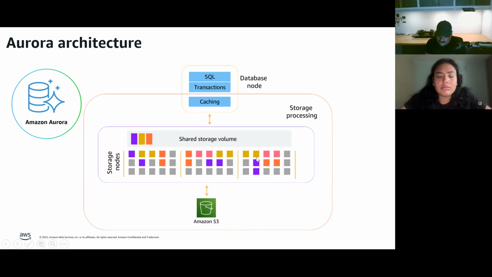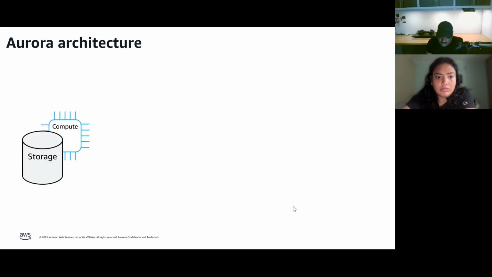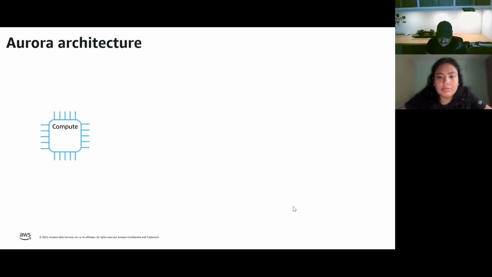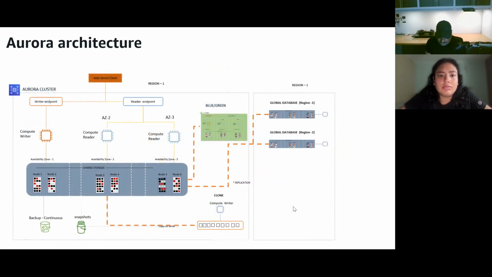So the storage architecture in Aurora makes it highly fault tolerant, durable, and resilient. This architecture supports all the features I covered in the previous slide. That is the underlying Aurora architecture at a very high level.